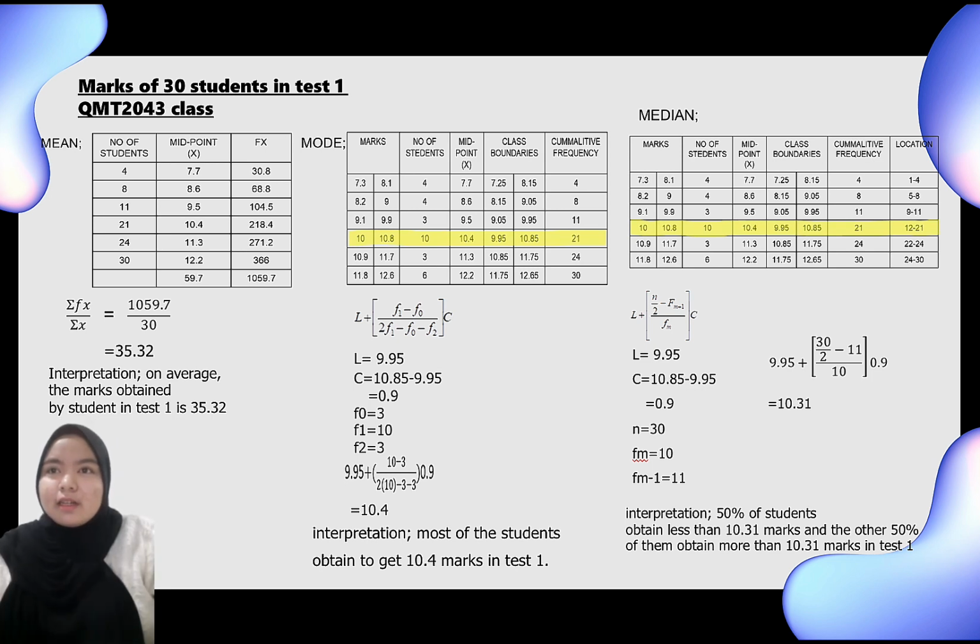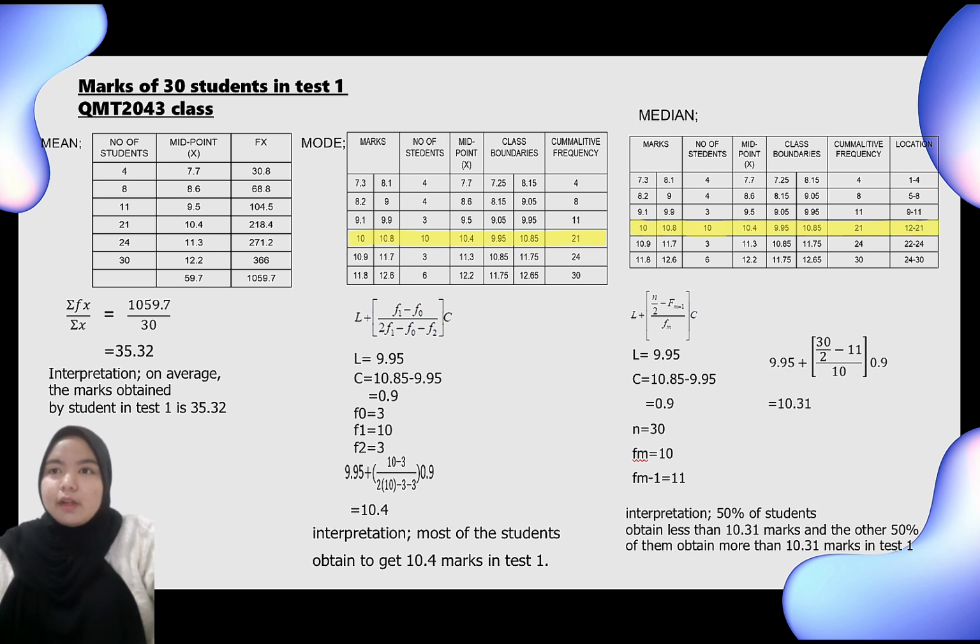Okay, next for the median, the table is the same as the mode but adds a location column. The formula for the median is L plus bracket N per 2 minus Fm minus 1 per Fm bracket C. N is the total frequency, Fm minus 1 is the frequency before the median class.